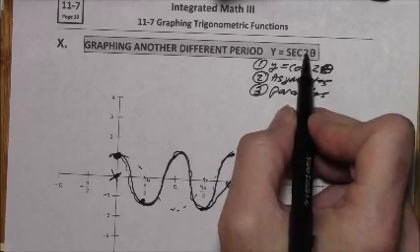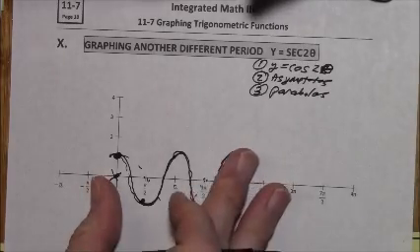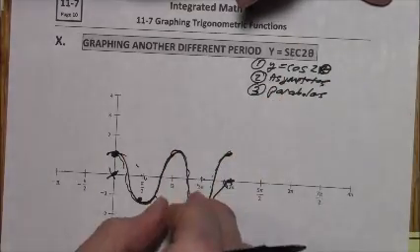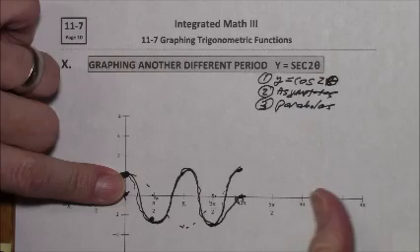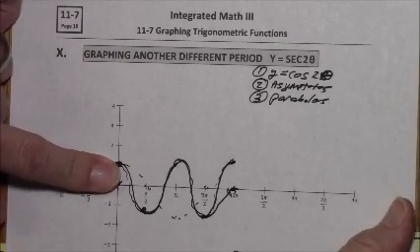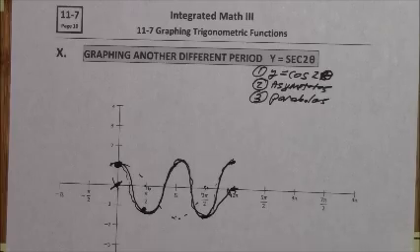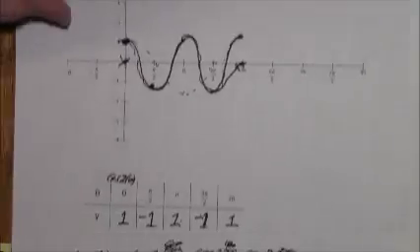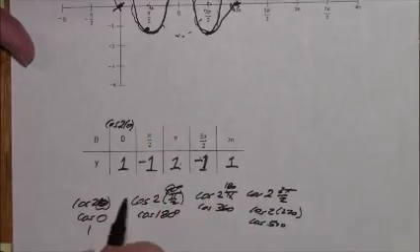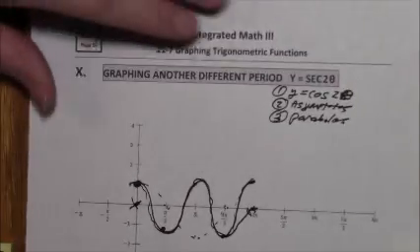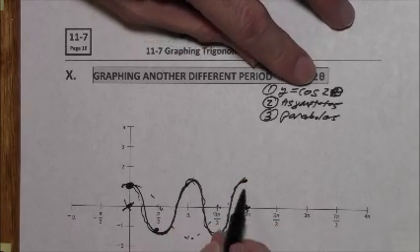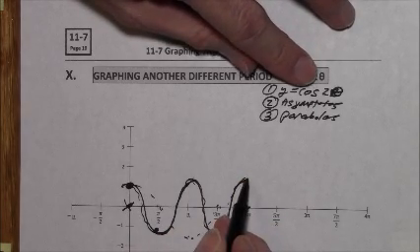When you do 2 times or 3 times or 4 times, you squish it in smaller and smaller. If it had been 1/2, it would have taken this one and spread it out doubly as long. Sounds weird, like the opposite of what the number means, but it does that because it changes the numbers down here. Okay, so we have graphed 2 periods of cosine 2 theta.